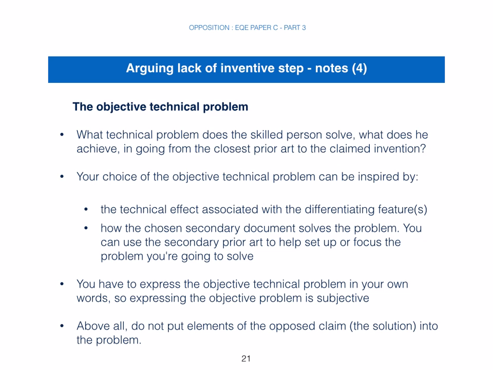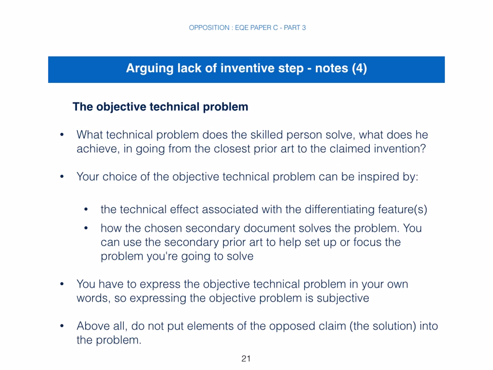Here you have to ask the question, what technical problem does the skilled person solve, and what does he or she achieve in going from the closest prior art to the claimed invention? Your choice of the objective technical problem can be inspired by, firstly, the technical effect associated with the differentiating features that you may want to somehow abbreviate, and you can also use how the chosen secondary document solves the problem.